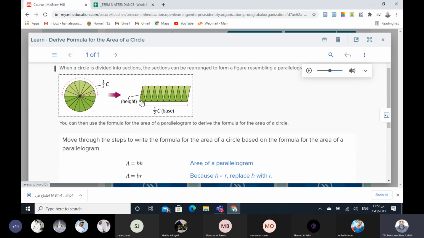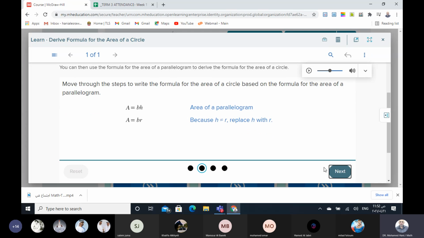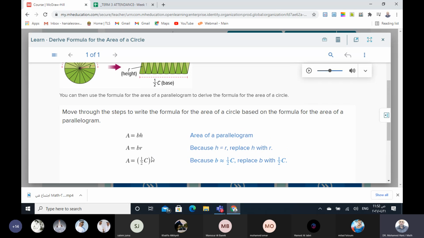The height in the parallelogram is r, so put the value of the height, r. The area will be base times radius. And the base in the parallelogram represents half the circumference, so substituting, half c times r.